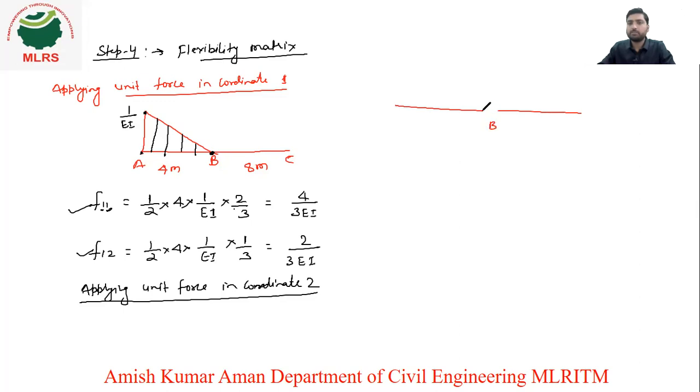So here at B1 that unit, and at the end it will be 0, right? Here the value is 1 upon EI, and here also it will be 1 upon EI, because in the released structure I have shown you that the moment will be on both the spans, for BA and for BC. So this is A, B, C, this is B1 and this is B2. Here the moment was like this, so 1 upon EI, and here also 1 upon EI, right? This is 4 meter and this is 8 meter. So this is your conjugate beam.